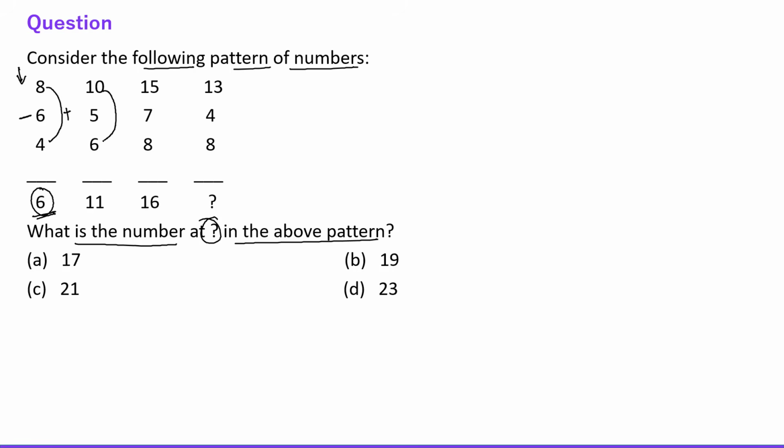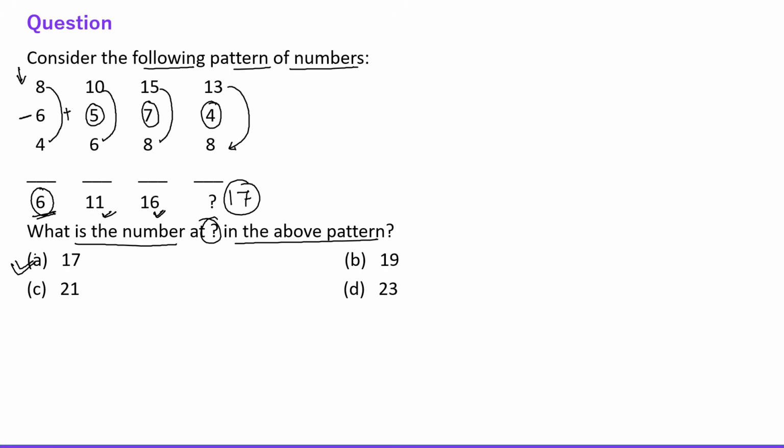Here 10 plus 6 is 16, 16 minus 5 is 11. And 15 plus 8 is 23, 23 minus 7 is 16. Similarly, 13 plus 8 is 21, 21 minus 4 is 17. So the correct answer will be 17.